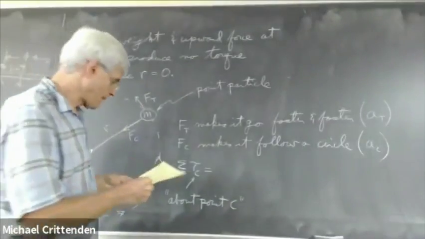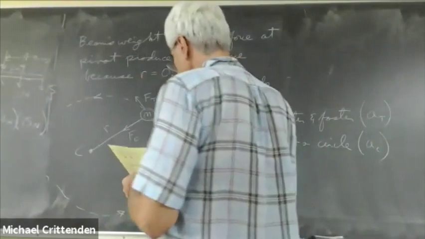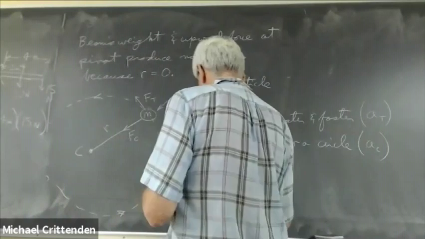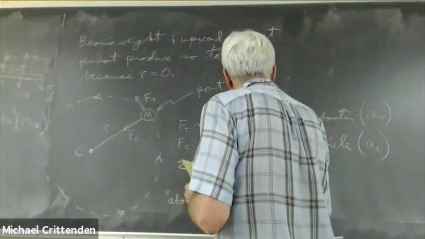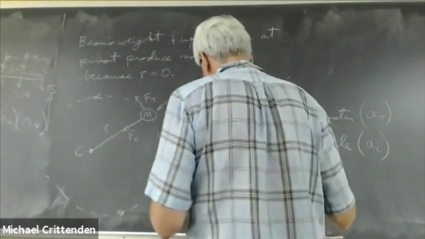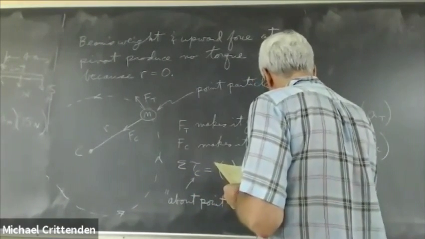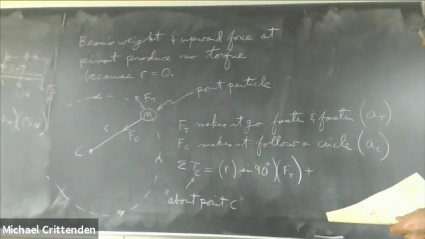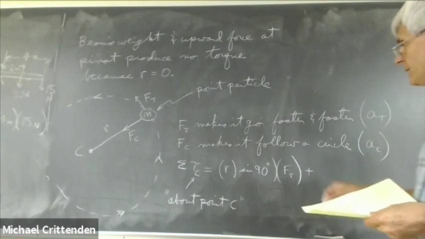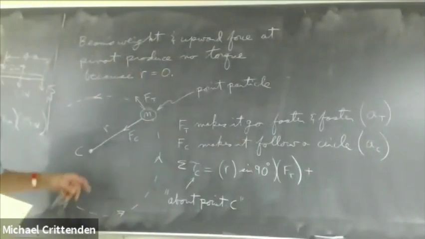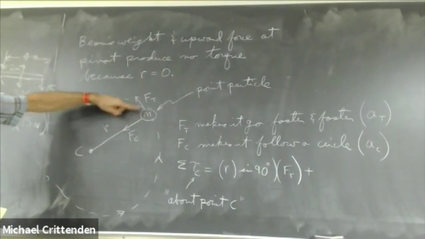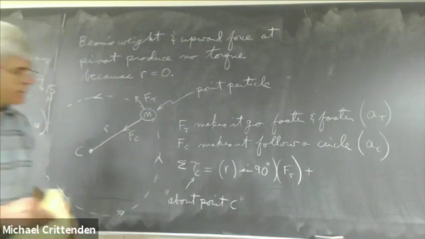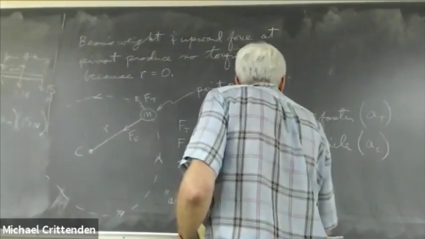So applying that to the tangential force, R times F times, well, the angle between the radius and the tangential force is 90 degrees. Sine of 90 degrees, 1.